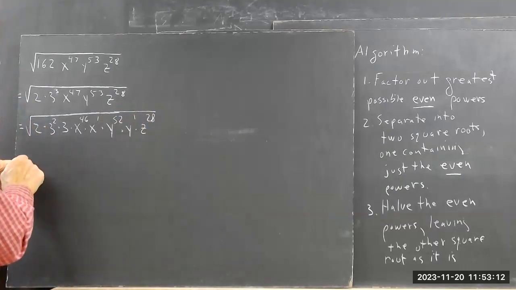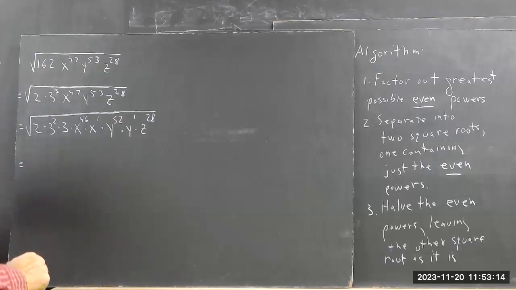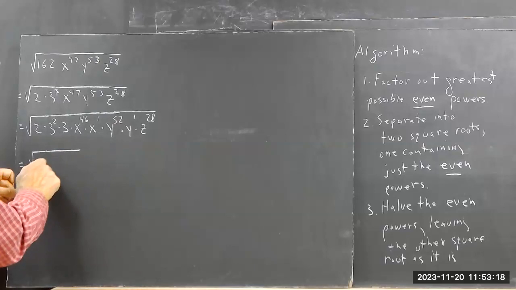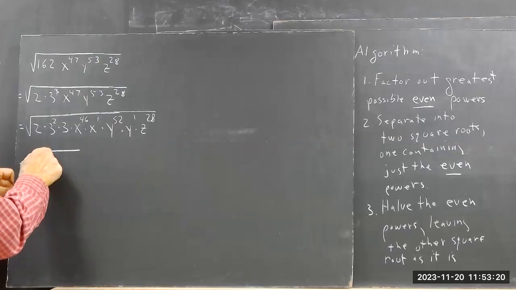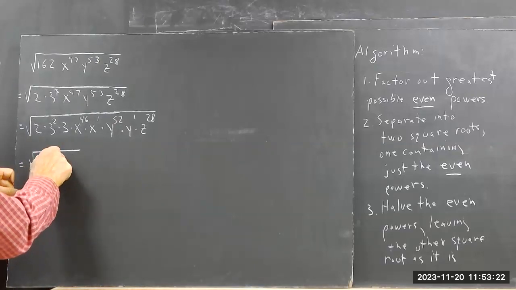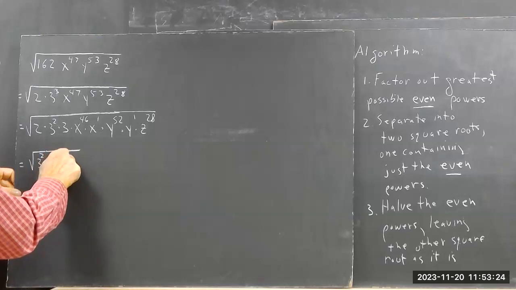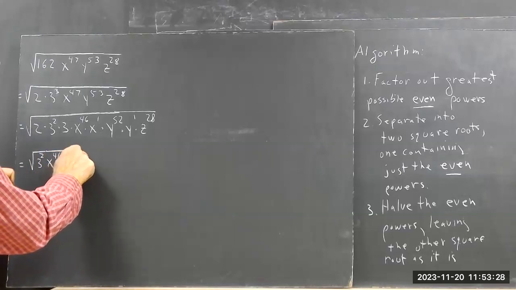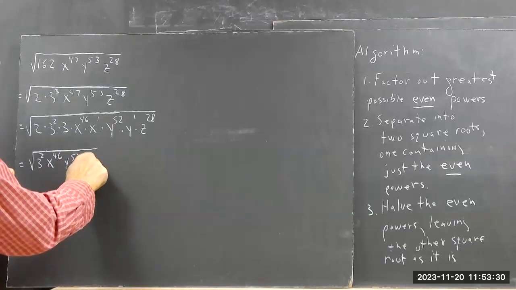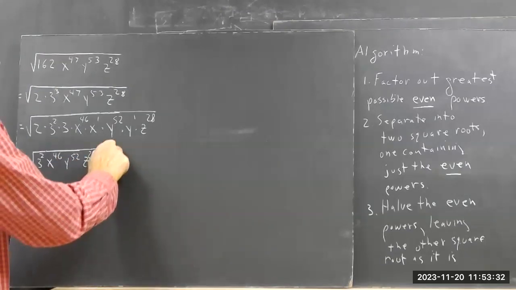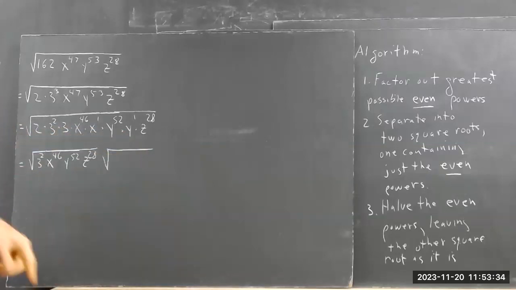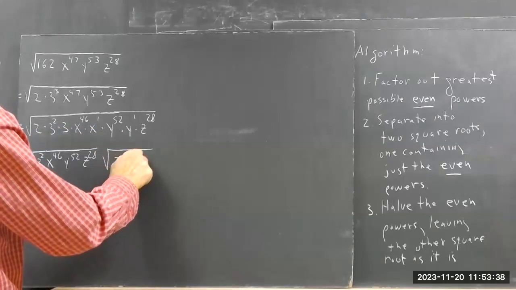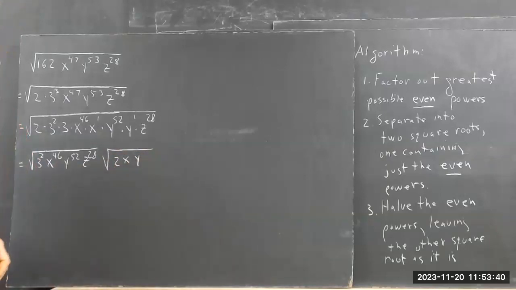Now we put all the even powers under one radical. And then all the odd powers, which is what we're going to have left over as well, inside the other radical.